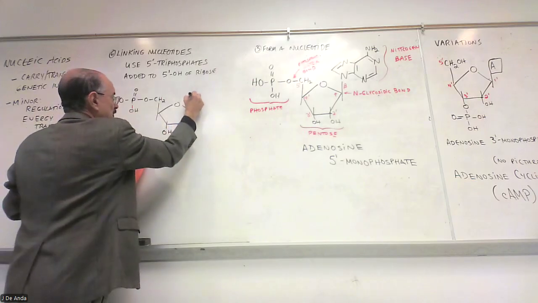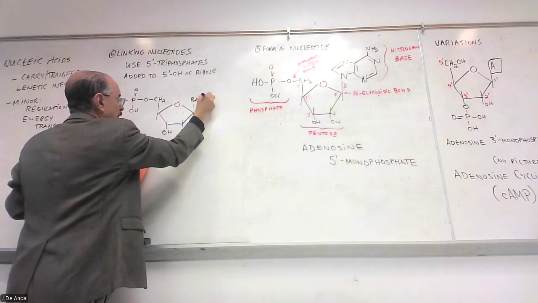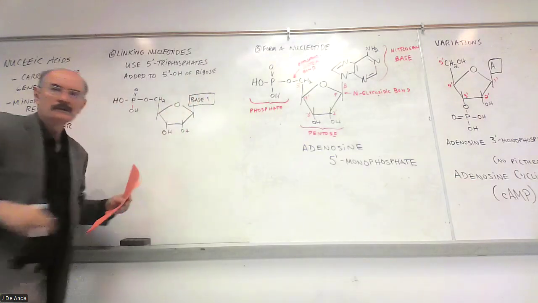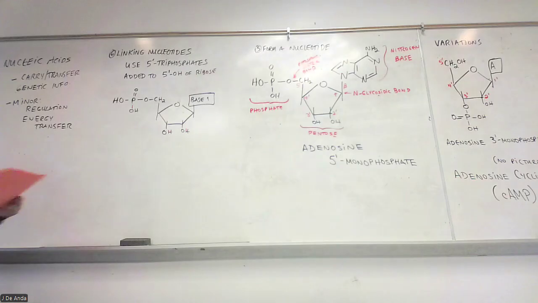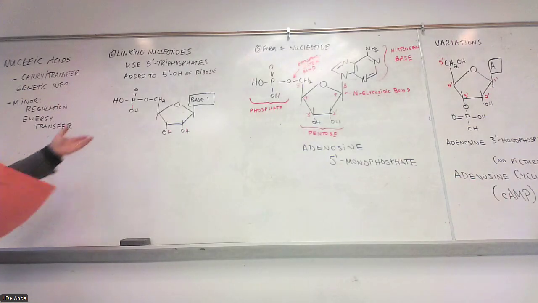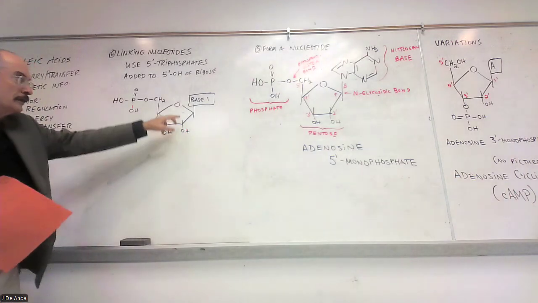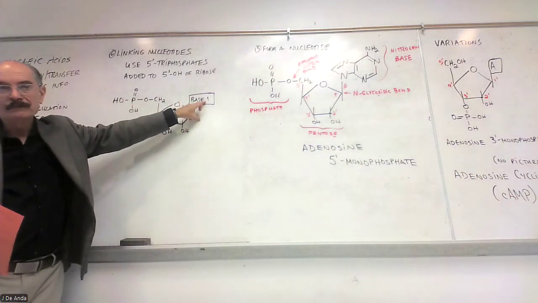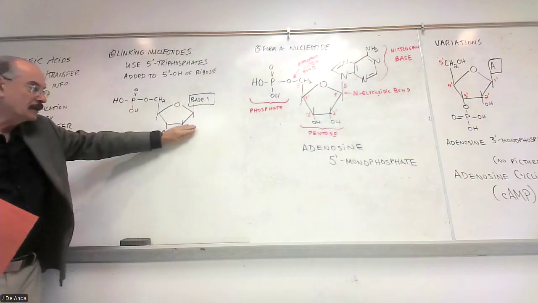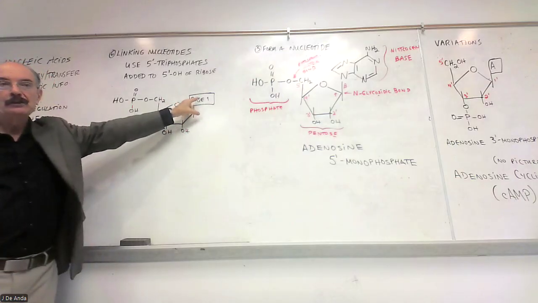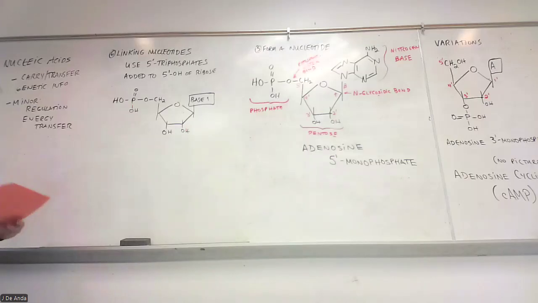And let's say this is a base 1. It's either a purine or a pyrimidine, A or G or T or C or U. Well, actually, as we'll see later on, if this is ribose, this is never going to be T. It's always going to be U. If this is deoxyribose, this is never going to be U. It's going to be T. But that's part of our second lecture.